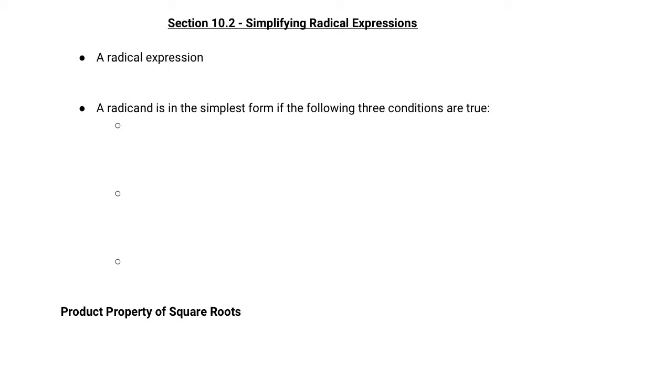Let's jump right in. A radical expression contains a radical, which is, as we know it, this little square rooty dude. And that's pretty much the only requirement. It has to contain a radical. For all intents and purposes, for this class, we're going to be using the square root.